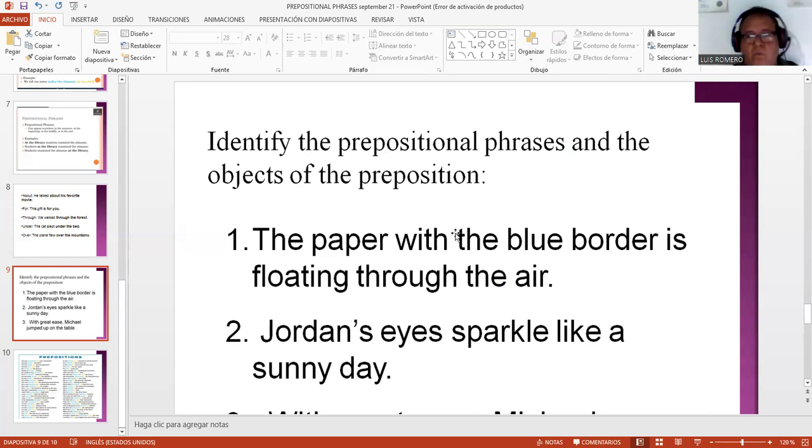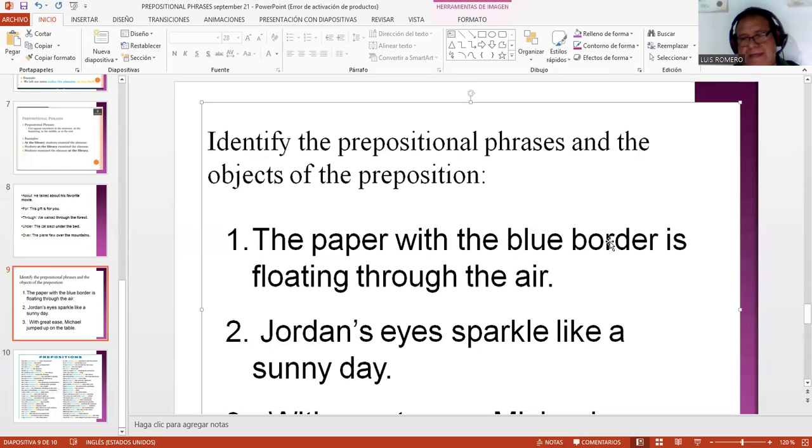Excellent. So what do you think is then the prepositional phrase? Now that you have the preposition and the noun, what's the prepositional phrase? You're telling me that with is the preposition and border is the noun, so what is the whole prepositional phrase?